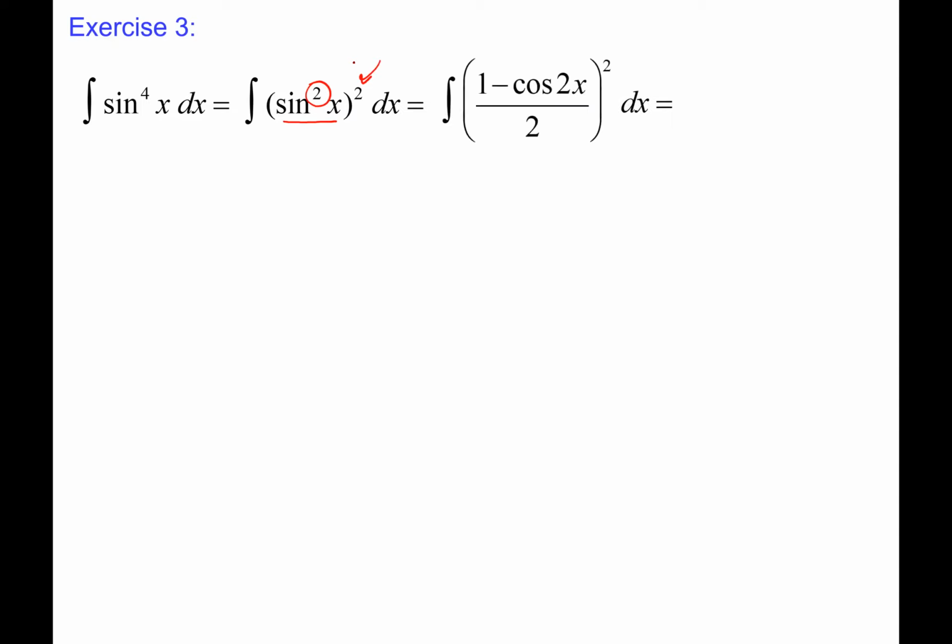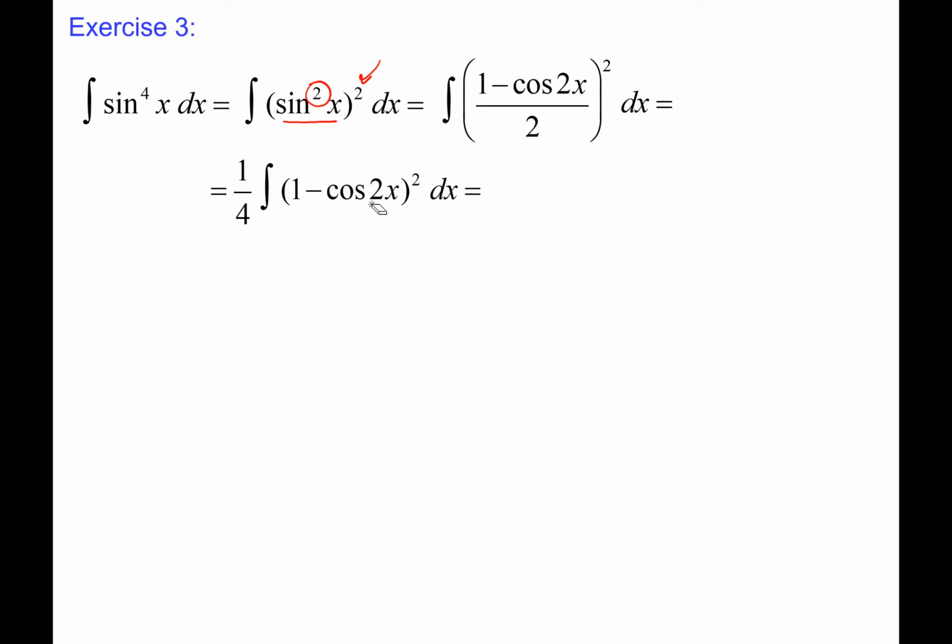In the middle, I will still use the half angle formula, and now I have to square it, which means I will square the numerator and square the denominator. Squaring the denominator, I will have 1/4, which I can put in front. That's easy. And then I still have to square.